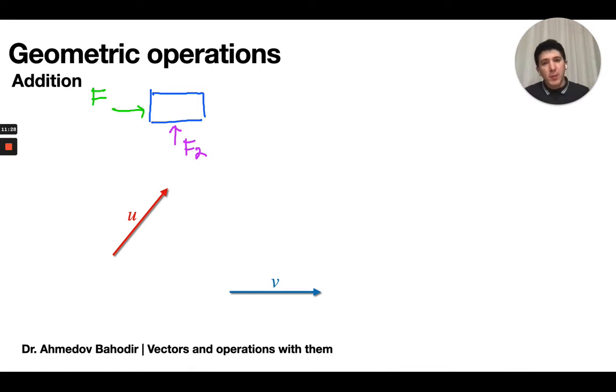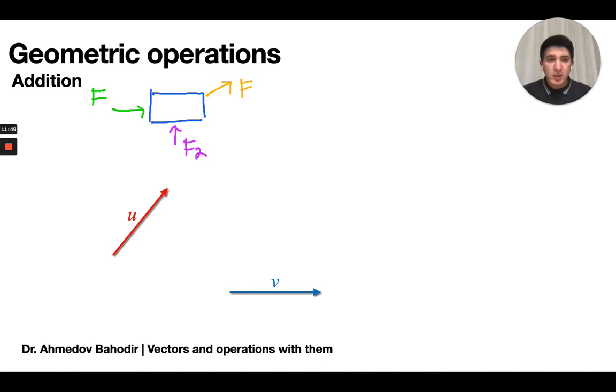If you apply both of those forces at the same time, where exactly is your object going to move, right? Probably it's going to move in this direction, but I would like to know exactly in which direction and with which magnitude the resulting force is applied.